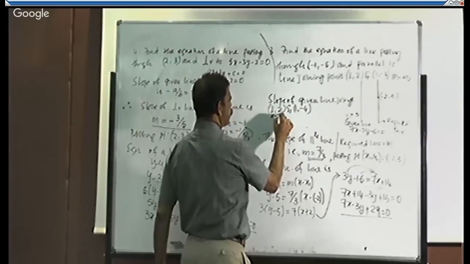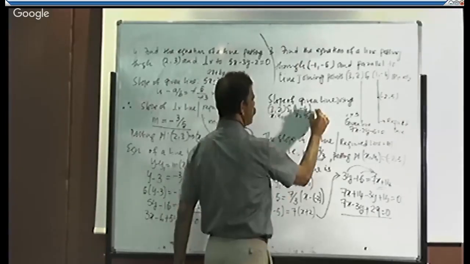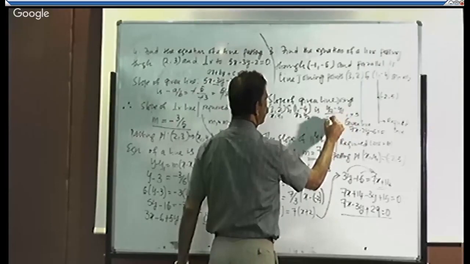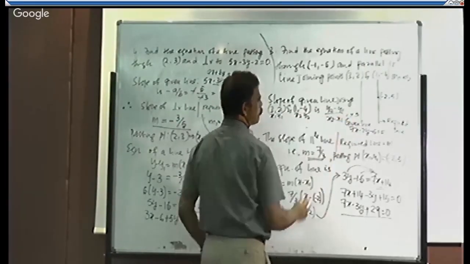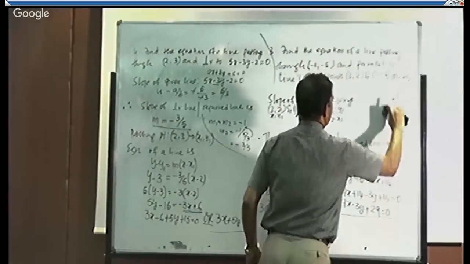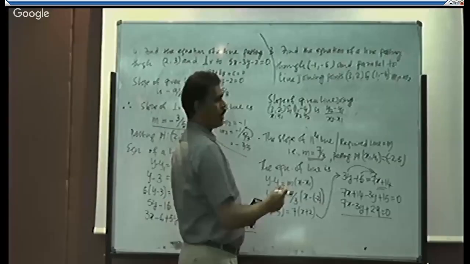They are taken as x1 y1 x2 y2, and the slope is y2 minus y1 divided by x2 minus x1.